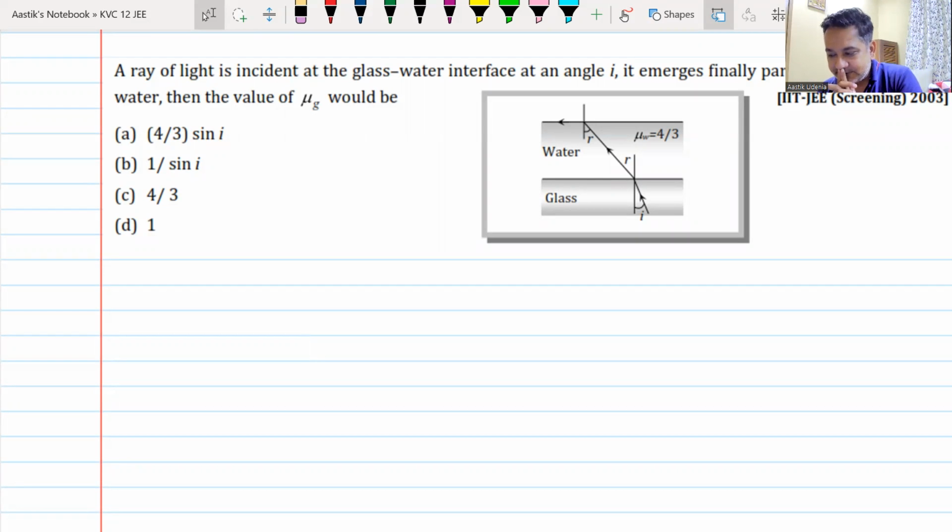Slower means less practice. A ray of light is incident at a glass-water interface at an angle I. It emerges finally parallel to the surface of water. Then find the value of mu glass.